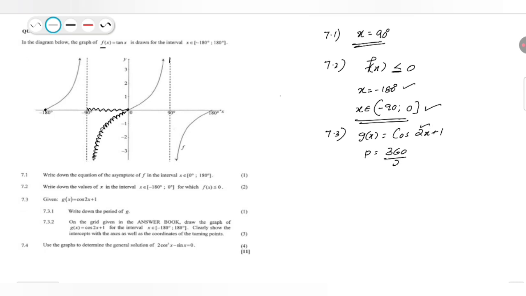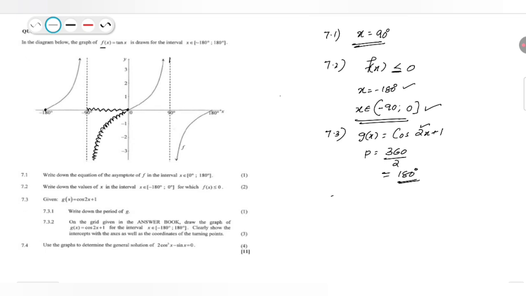What is that? 2 here. So 360 divided by 2 is 180. The period of that graph is 180. You divide 360 by the coefficient of the angle if it is sine or cos. If it is tan, instead of 360 you have to use what? 180. Is it clear? So that 1 mark also you got.